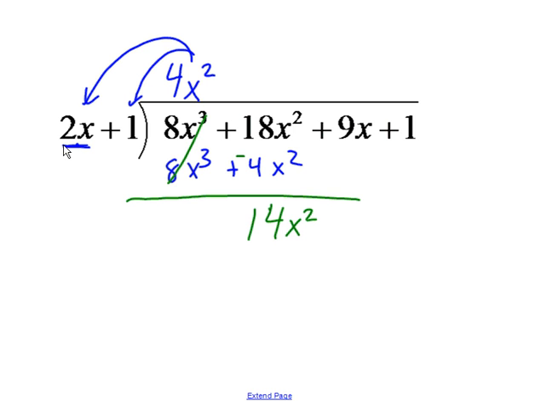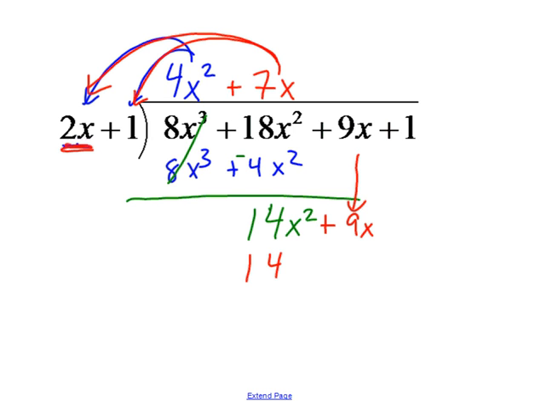Bring down the 9x, and then 2 times positive 7x will give me the positive 14x. So I write plus 14x squared and plus 7x. Subtract.